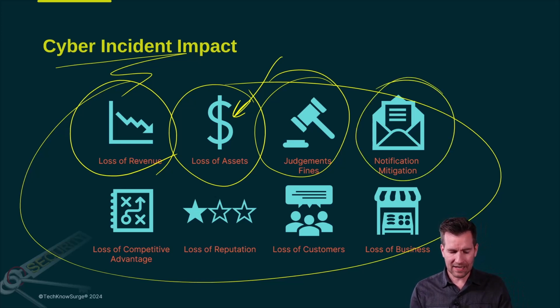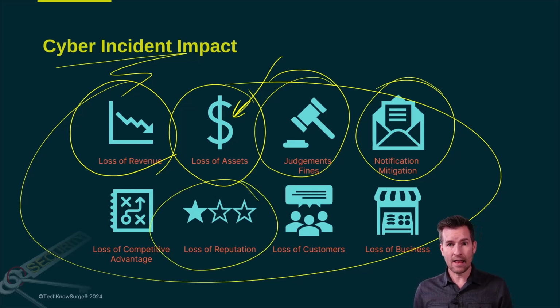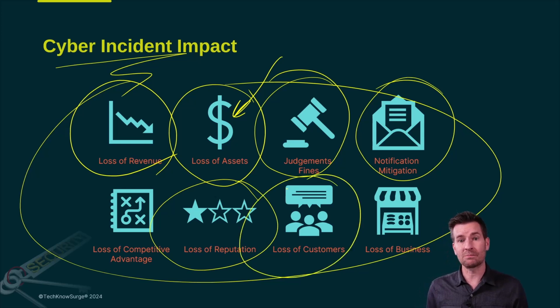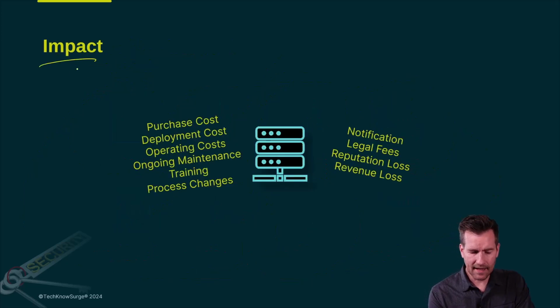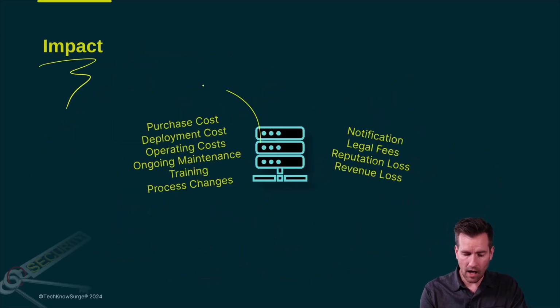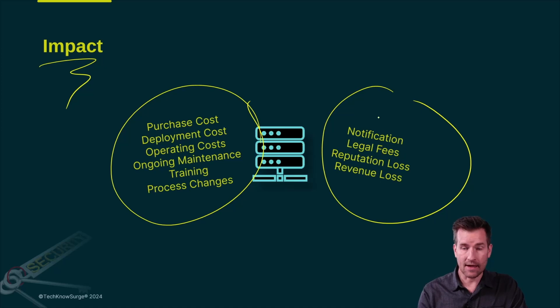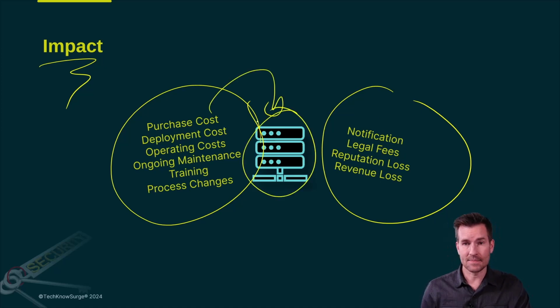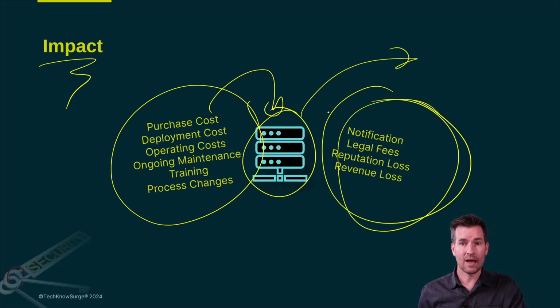Now we have a reputation loss. Because of that, our brand is not as powerful as it used to be, and maybe now we're going to actually lose some customers. So it could be very devastating beyond just the value of these servers that were stolen. When we analyze impact, we really have to look at all of the considerations that go into both the assets themselves and what the loss means to the company as a whole.